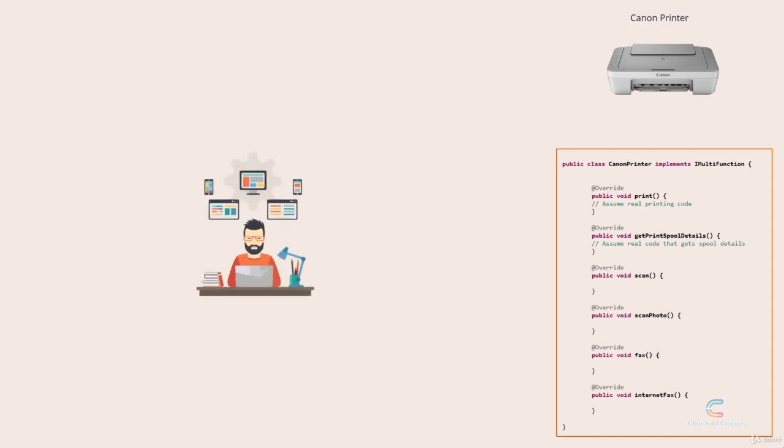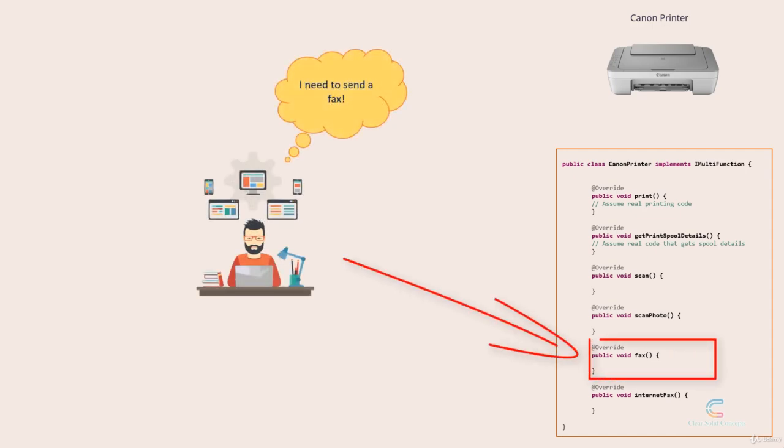One programmer wants to send a fax. He sees the fax method on your Canon device class and invokes it. He does not care to look inside the method and understand that it is a blank implementation. He does not need to, in fact.